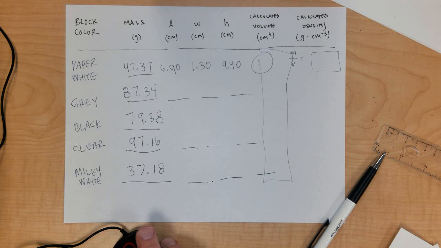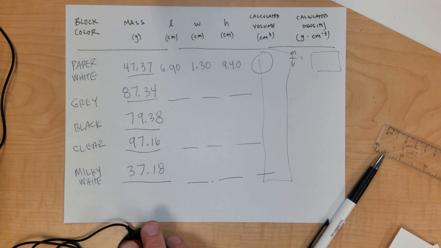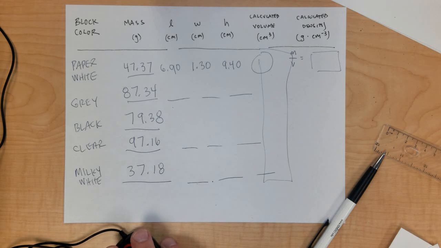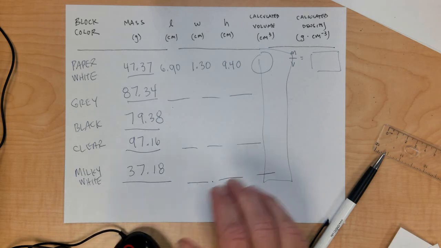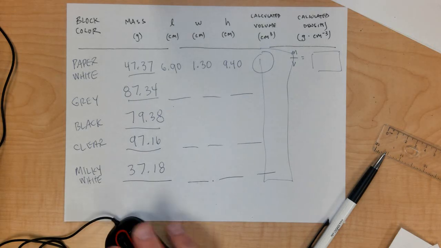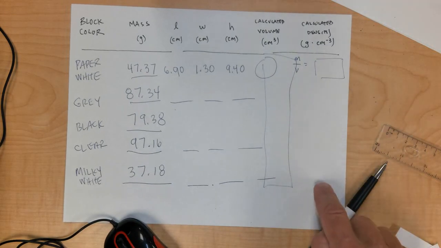And then what you do is you enter the density here for each one of them. And then we'll get a class average at the end. Okay? So find that community density block spreadsheet right here in Schoology. Enter your data for each, your analysis actually, your density for each one of them right here.